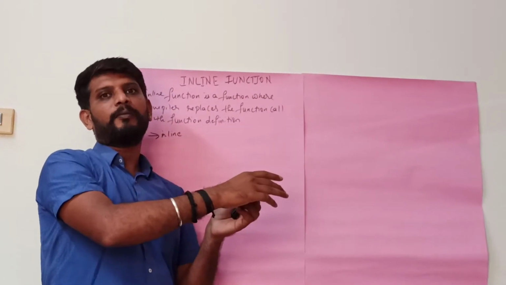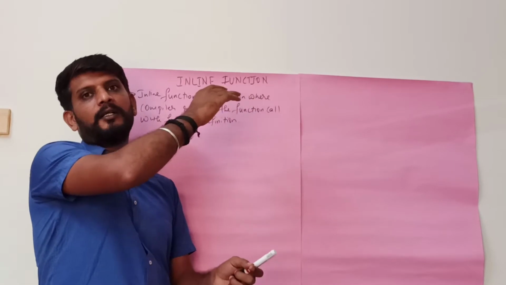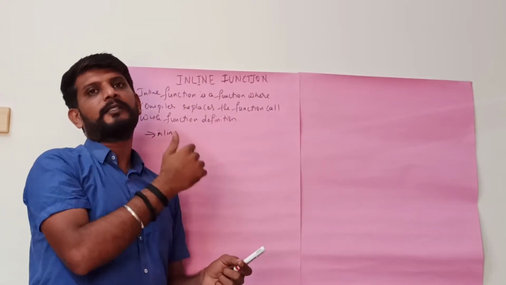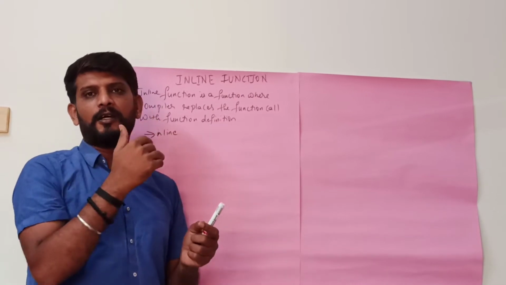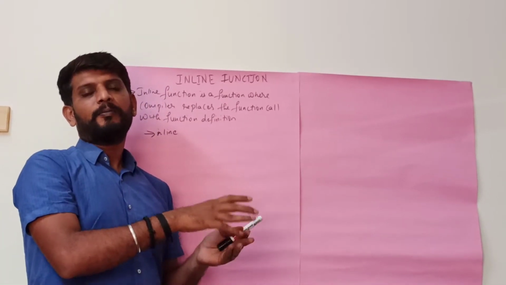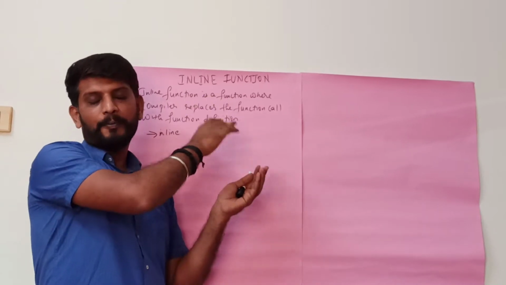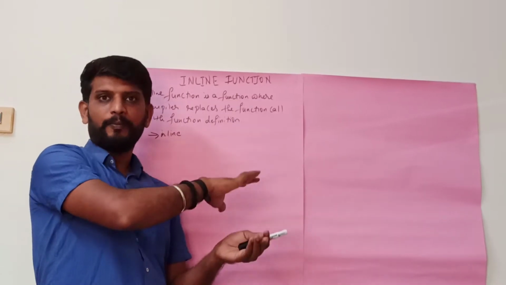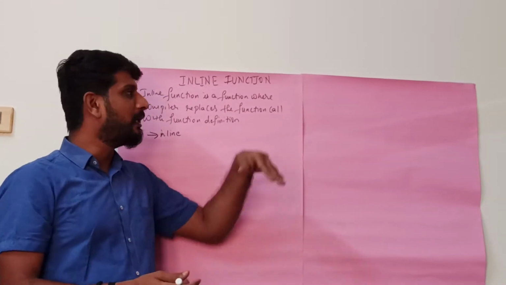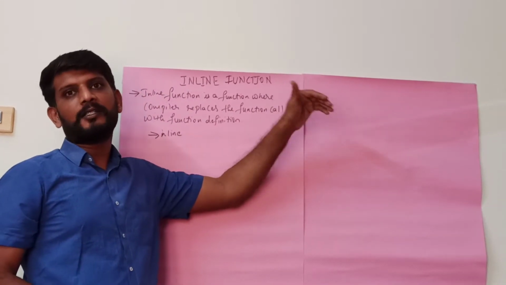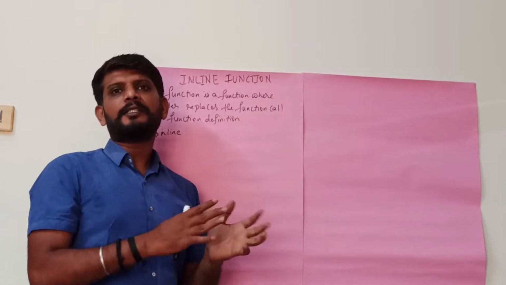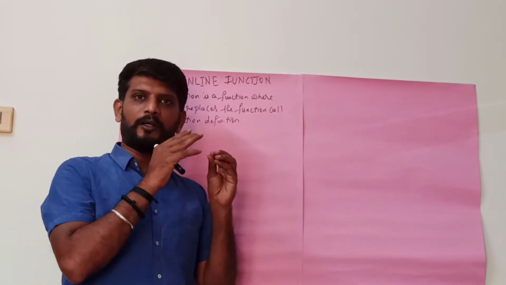Then you will have the actual arguments and the formal arguments, or the actual parameters and the formal parameters. The formal parameters will be replaced with the actual parameters. That is, whatever the value you are giving, those values will be replaced with the variables that are present in the function definition. Okay, so all these things will be taking some amount of time.